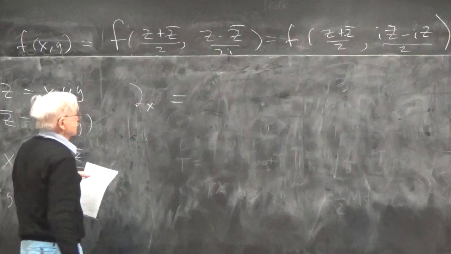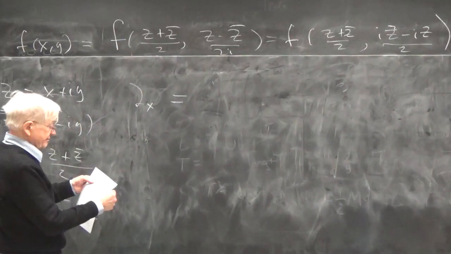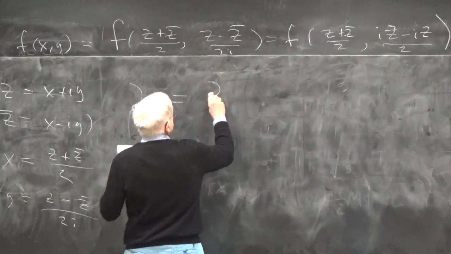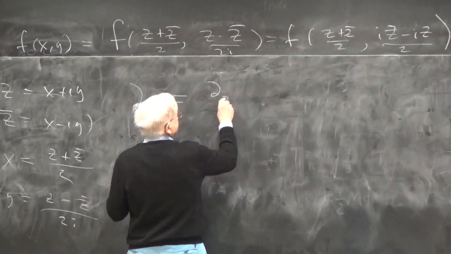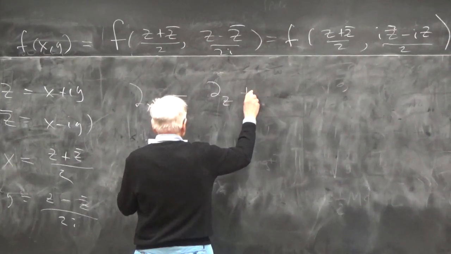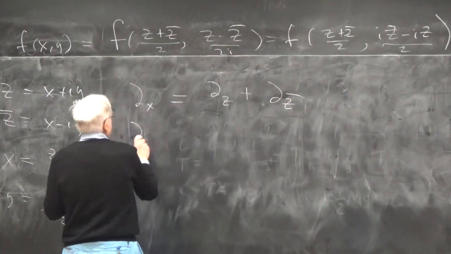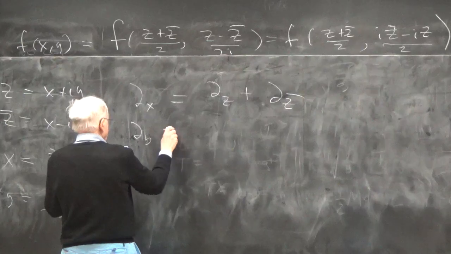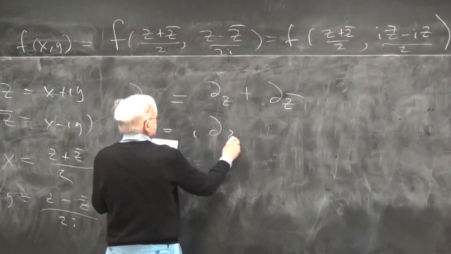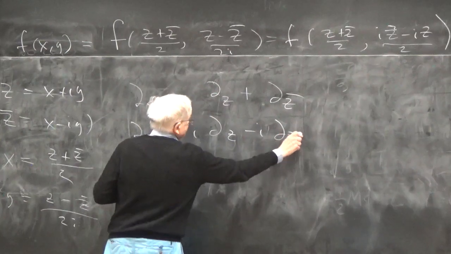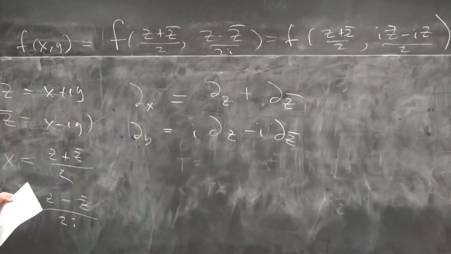Well, the derivative with respect to x is the derivative with respect to z plus the derivative with respect to z bar, and the derivative with respect to y is i times the derivative with respect to z minus i times the derivative with respect to z bar.